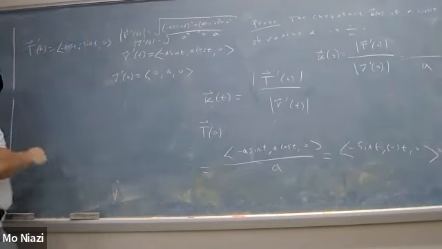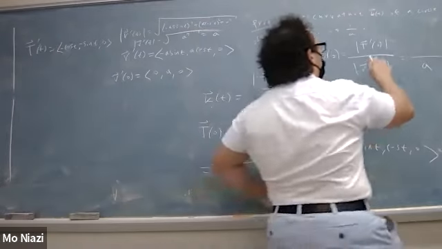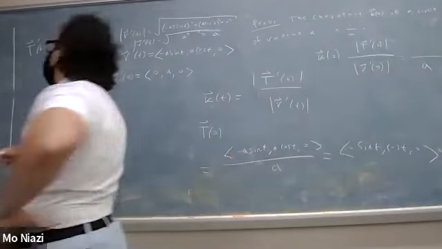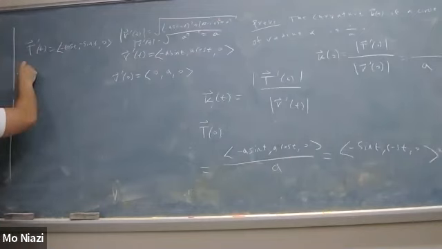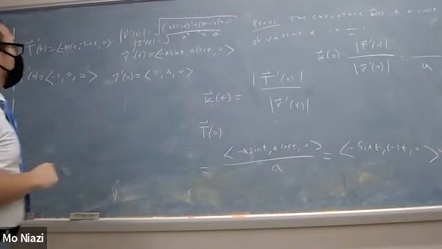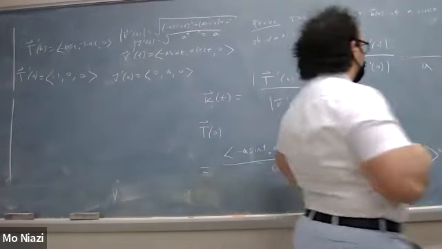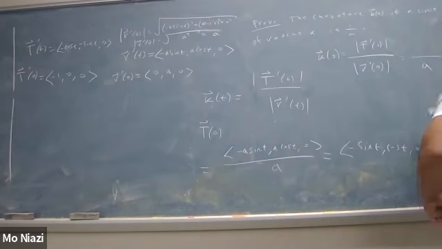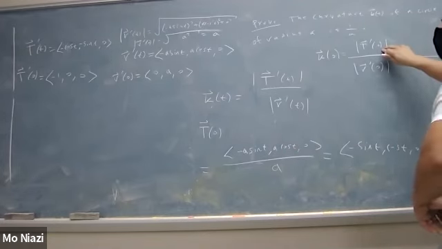So at the end of the day, I wanted to evaluate it at 0. Cosine of 0 is 1, so this becomes a negative 1. Sine of 0 is 0. That is just 0.